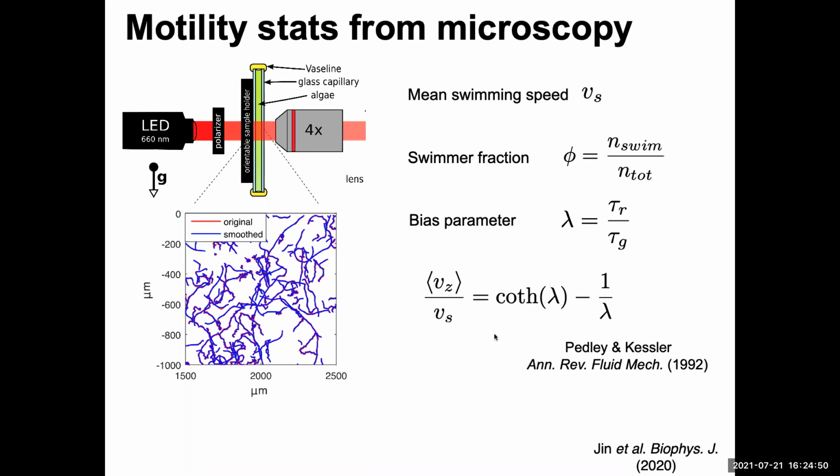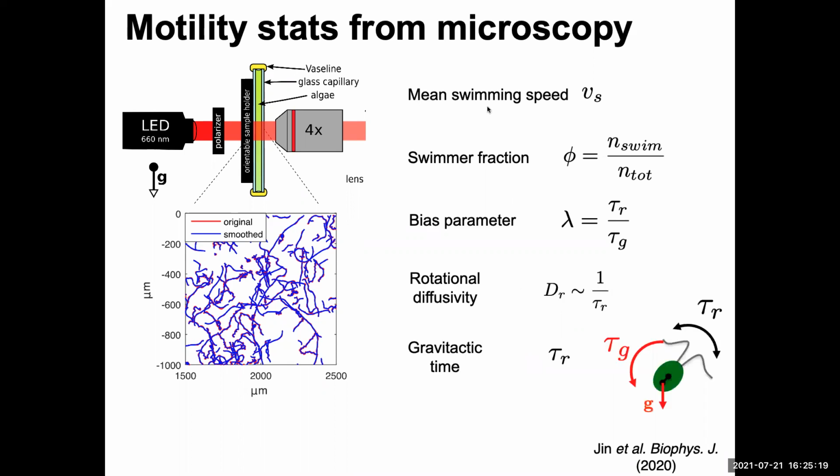It was shown by Pedley and Kessler that the average of the upward swimming speed divided by the mean swimming speed is related to this function of this parameter lambda. So by measuring the speed in the z direction and the mean speed, we could infer this parameter.